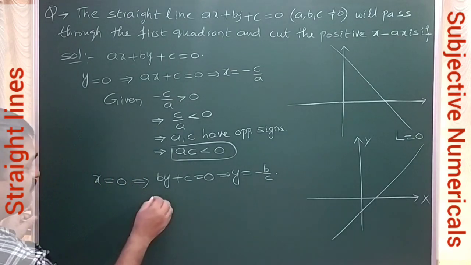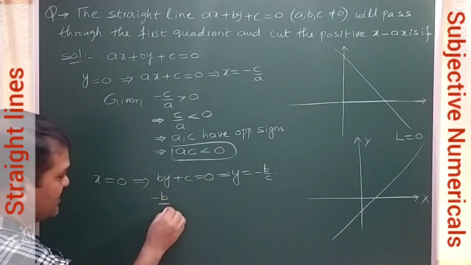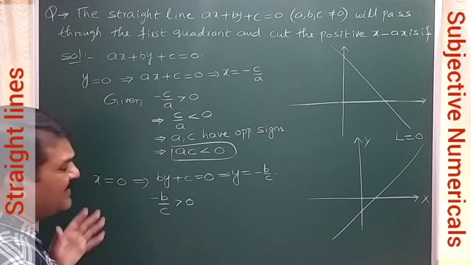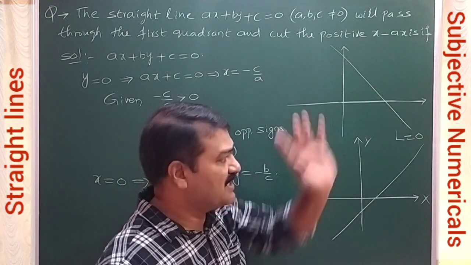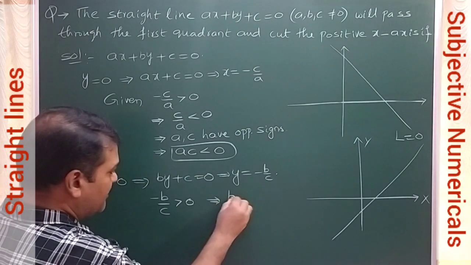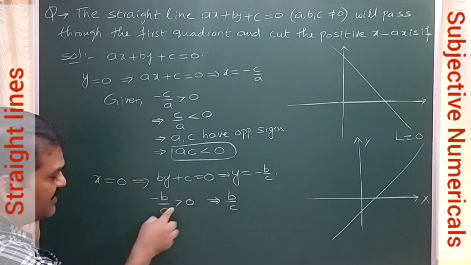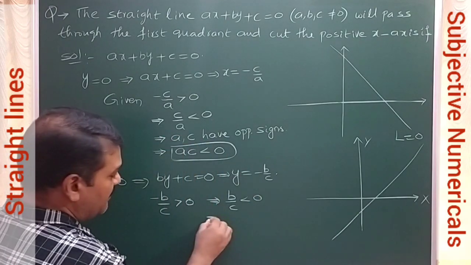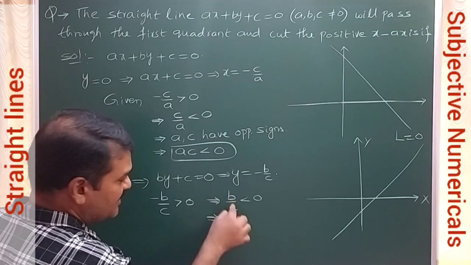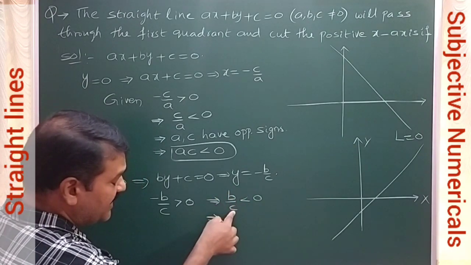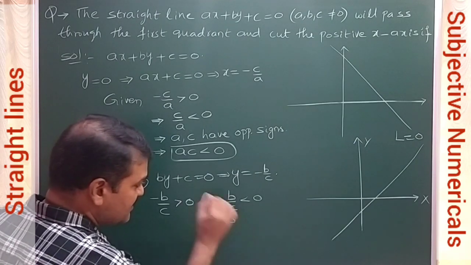For example, let us assume that this y-intercept is positive. Multiply by minus, and the inequality changes, so b by c is less than 0. b by c is negative, so b and c, numerator and denominator, have opposite signs.